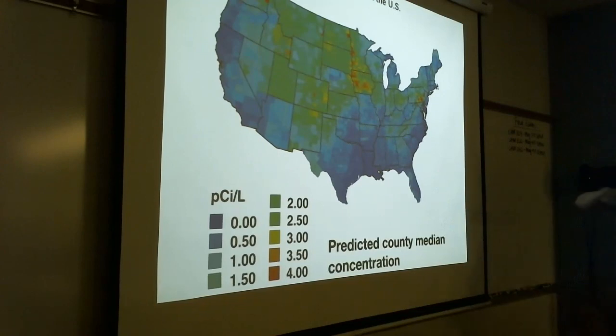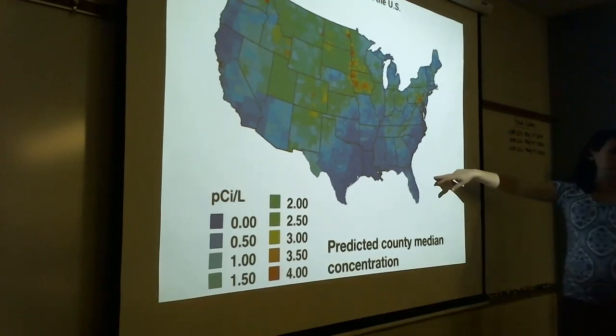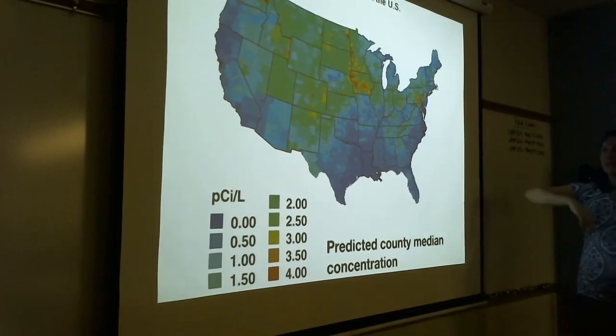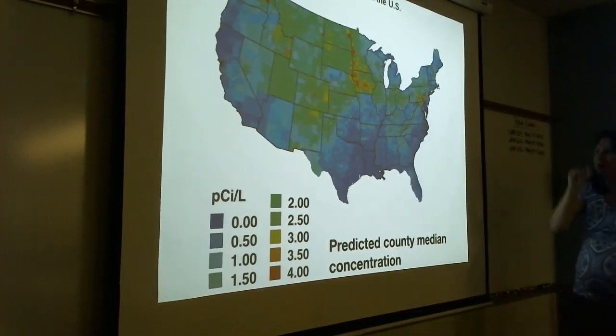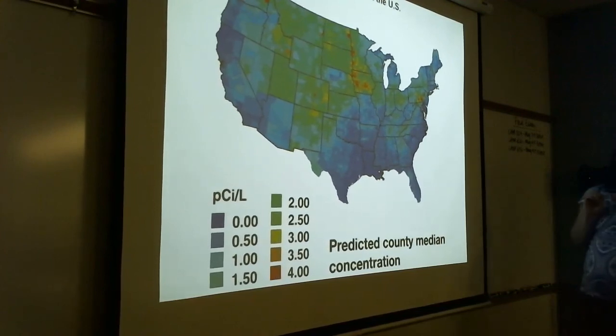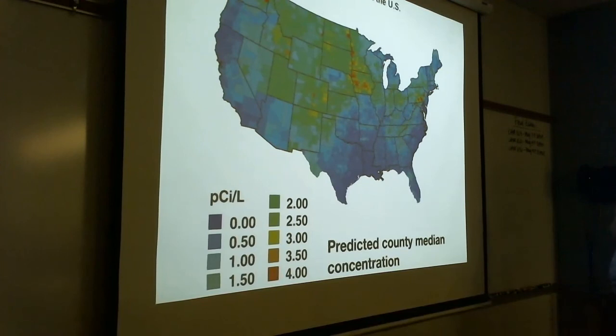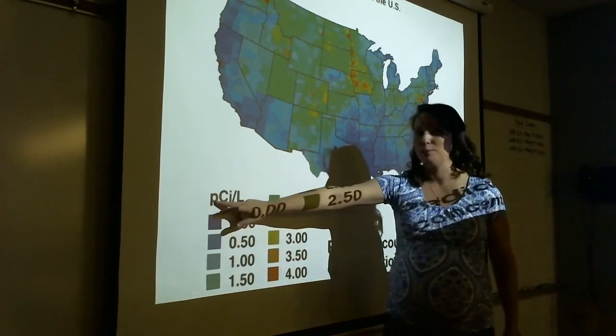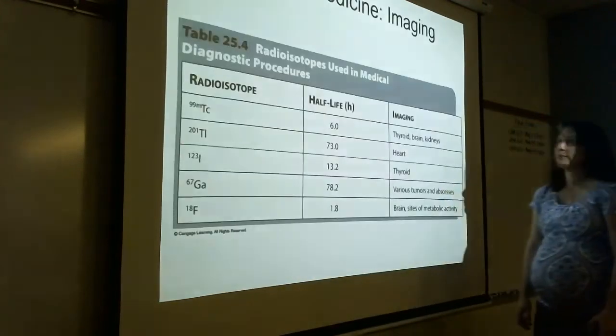This is from the United States Geological Survey. You can just Google USGS radon map and look up your specific county. I think we're okay where we are. It's pretty low. This is picocuries per liter.